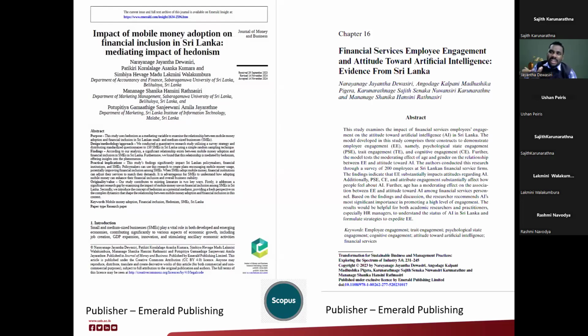There are already developed instruments in the world. Since those are survey instruments, and hedonism is also a survey instrument, then we can proceed with a quantitative survey for this.